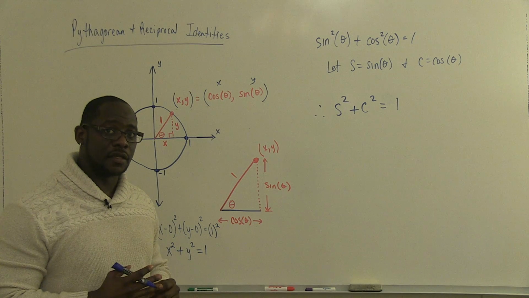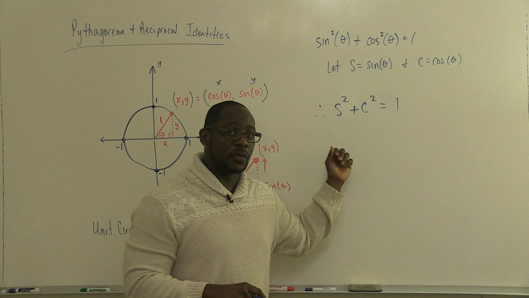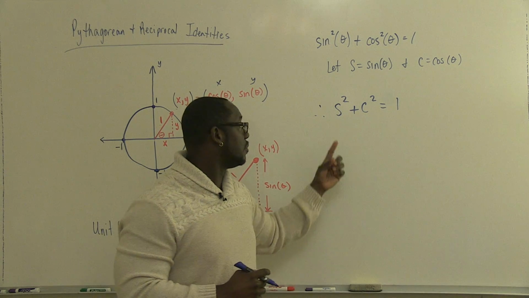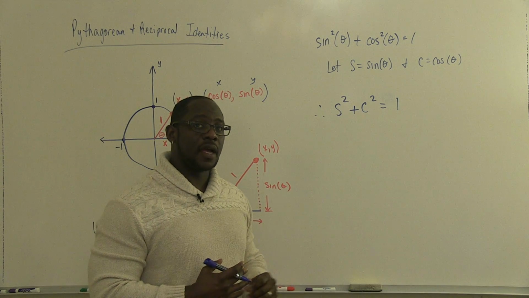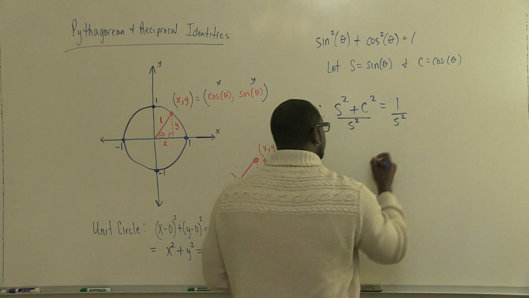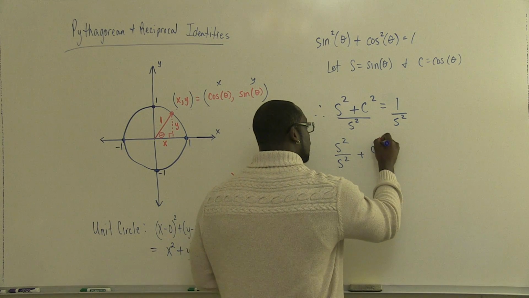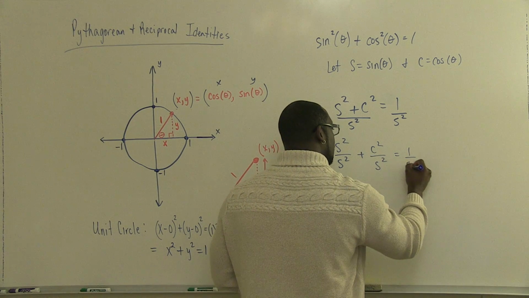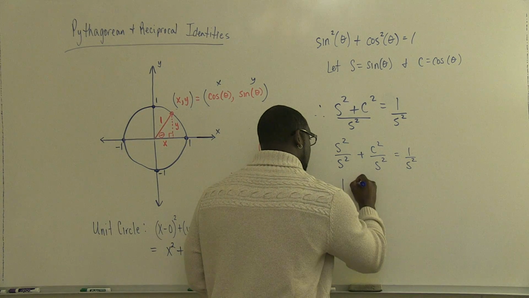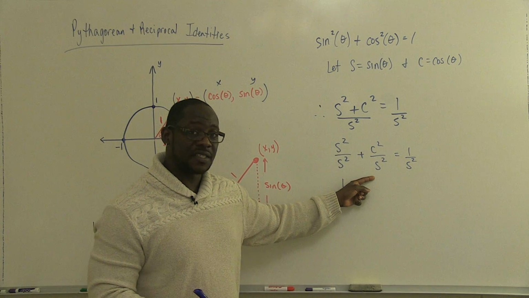Now, to get the reciprocal identities, what we can do is we can take this particular identity and divide both sides by s squared and then divide it again by c squared. When we divide it by s squared, this is what we get. So of course, if we split this up, we will have this. Now, of course, anything divided by itself is 1. And if we look here, this represents cosine squared divided by sine squared.